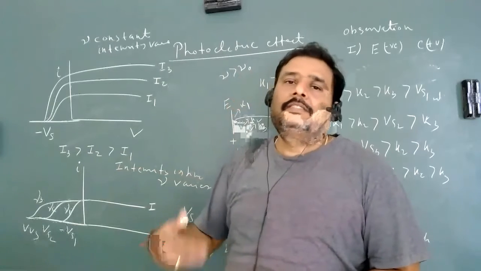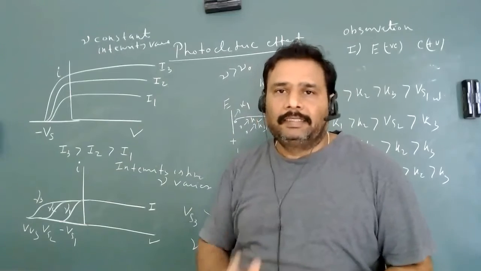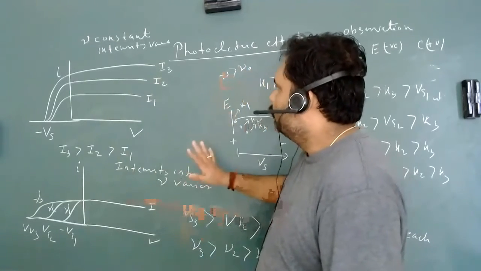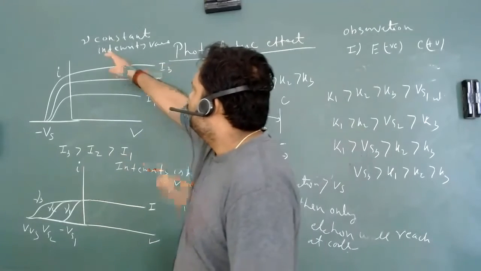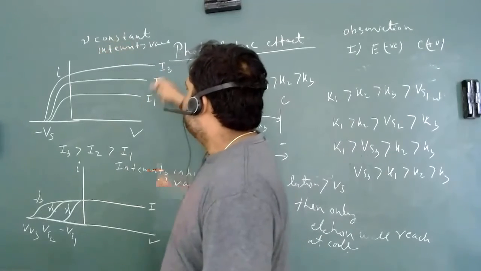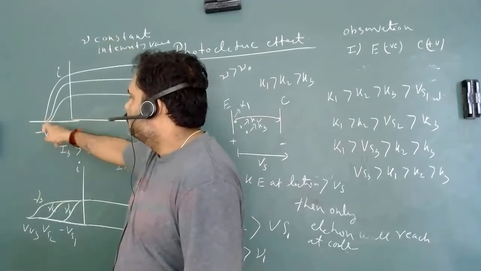Now this can be explained by the great Einstein. Let's see what Einstein said. So these are the main observations, mainly these two graphs. When we keep the frequency constant and change the intensity, we have seen that the stopping potential is the same.